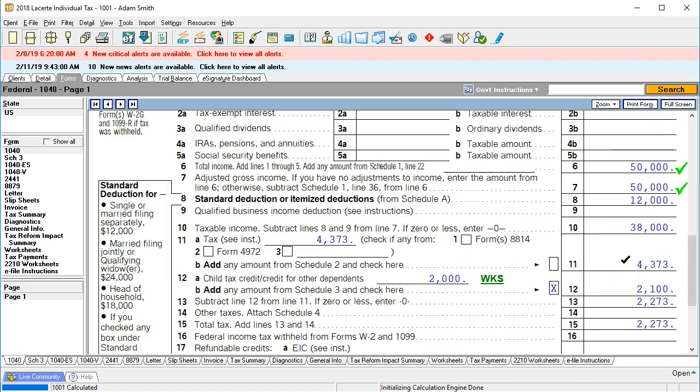So that's the general rule when you're thinking of your threshold as to whether or not you make enough or are over the threshold or under the threshold with regards to many types of tax laws. So then we have the standard deduction, and that's going to give us our taxable income, the 50,000 minus the standard deduction. Very straightforward.